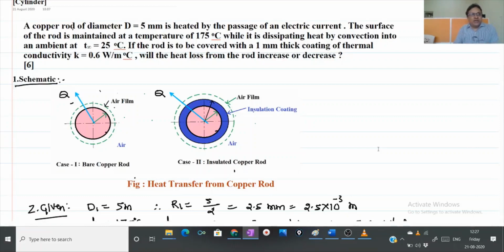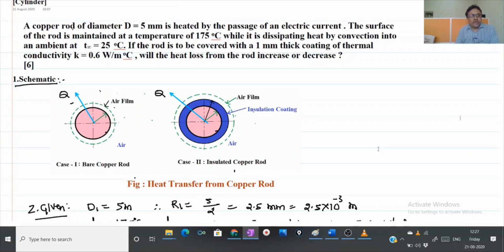Problem 9 on critical radius of insulation of cylinder. A copper rod of diameter D 5 mm is heated by the passage of an electric current.